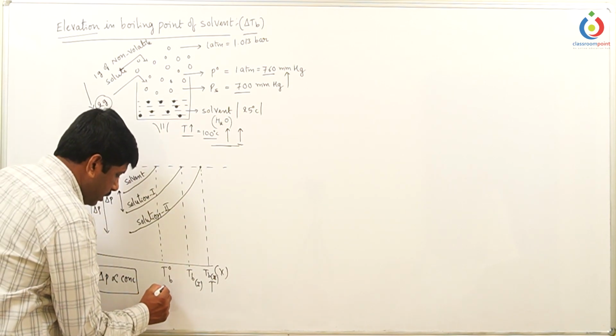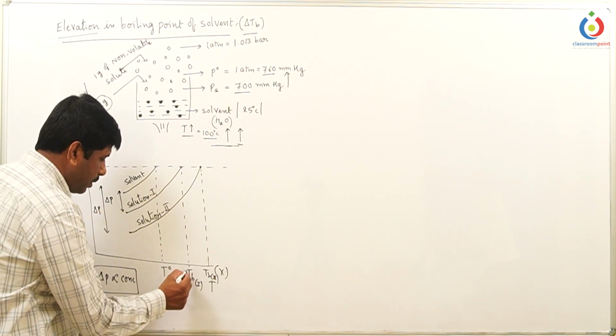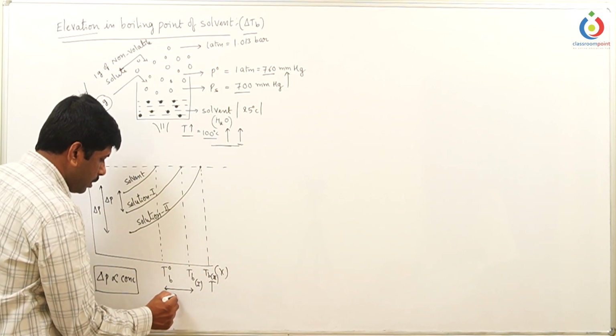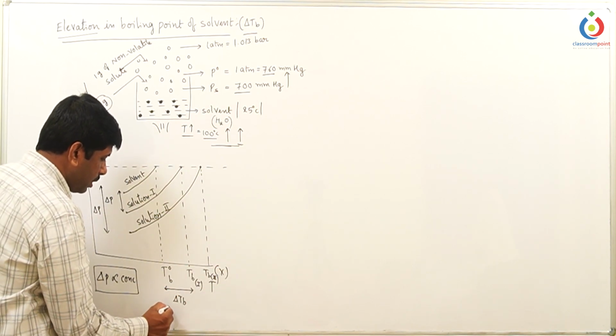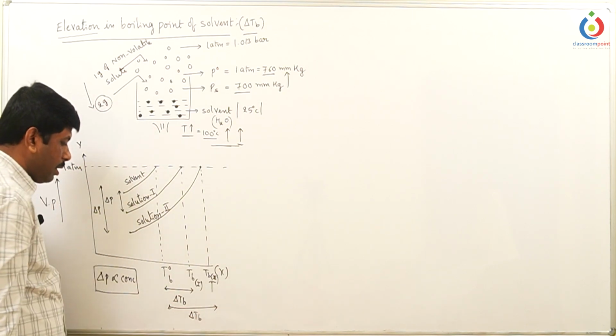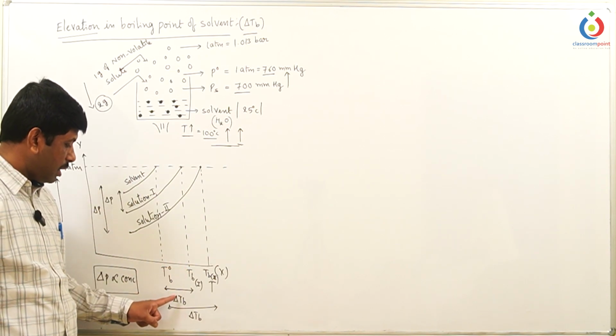Now this is the boiling point of the solvent, this is the boiling point of solution 1, and this is solution 2. From here to here is called the difference in boiling point, and from here to here is also the difference in boiling point. So the boiling point of the solvent increases. This difference is nothing but delta TB.